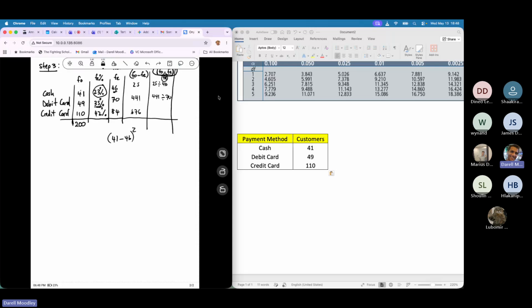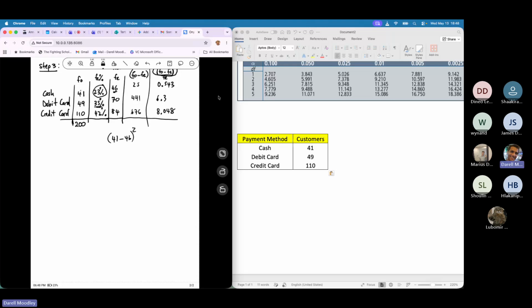Now, if you do that, I'll just give you the values here. The last column will be 0.543. Next one will be 6.3. And then lastly, it's 8.048.